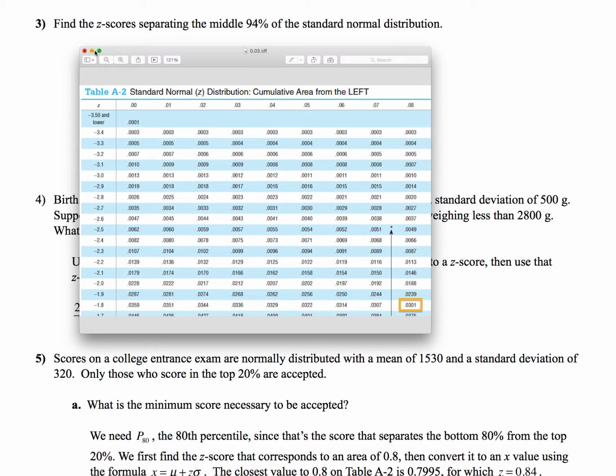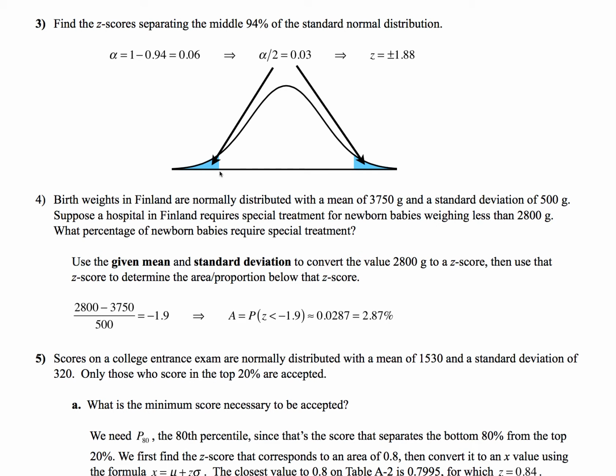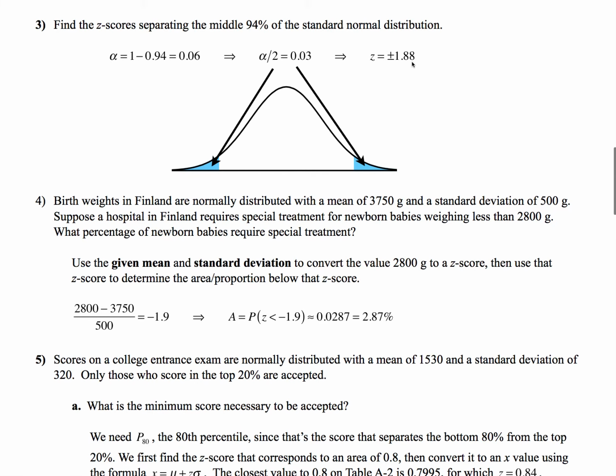So the z-score is negative 1.88. Well, if this is negative 1.88, this is going to be positive 1.88 because the standard normal, and any normal distribution for that matter, is symmetrical. The standard normal is perfectly symmetrical. So our z-scores are negative 1.88 and positive 1.88, and the way we indicate that is with plus or minus. So z is equal to plus or minus 1.88.